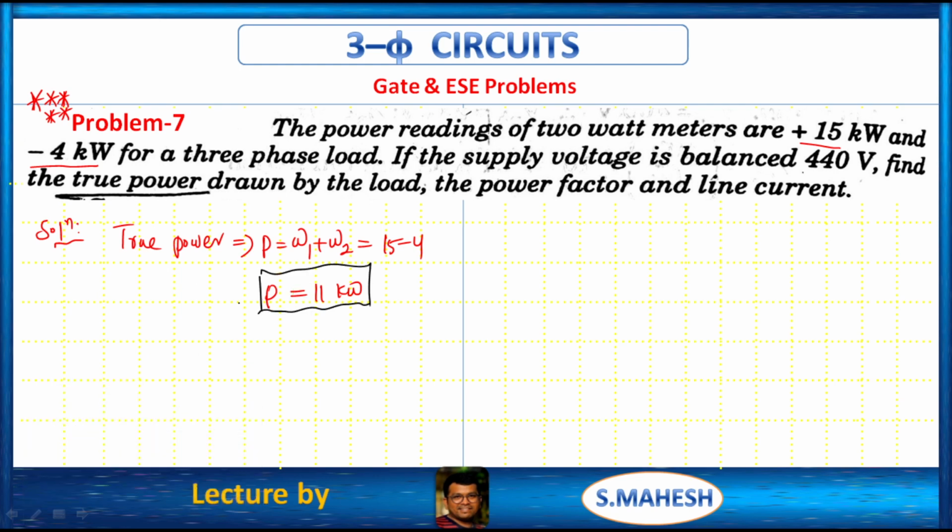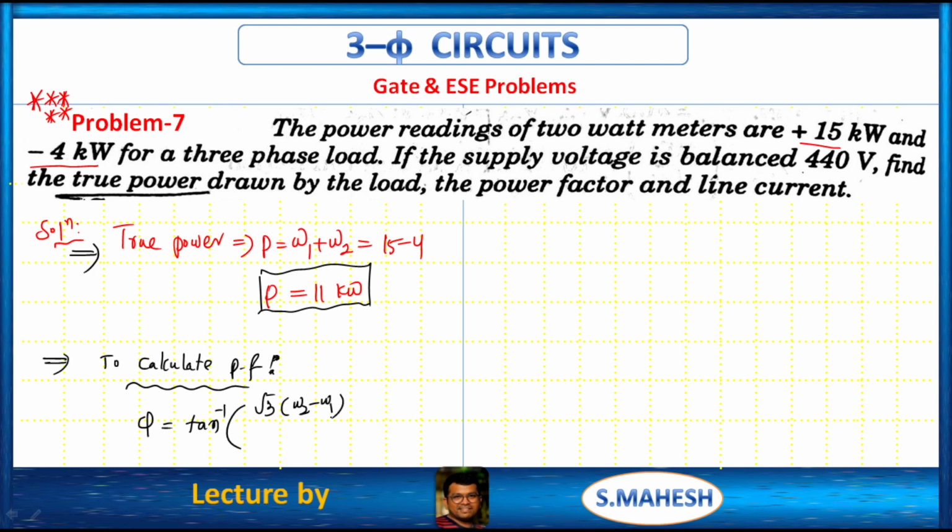Next, we have to calculate the power factor. To calculate the power factor, first we need to calculate the phase angle, right? That is phi is equal to tan inverse of root 3 times W2 minus W1 by W1 plus W2.